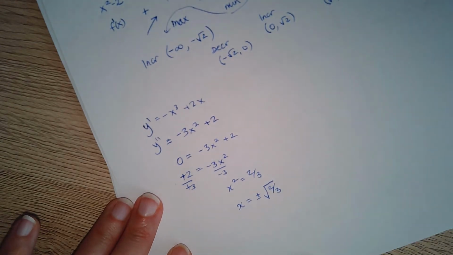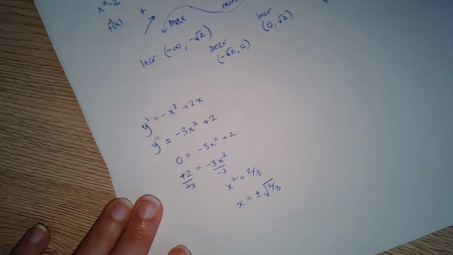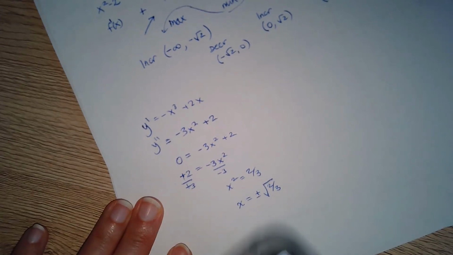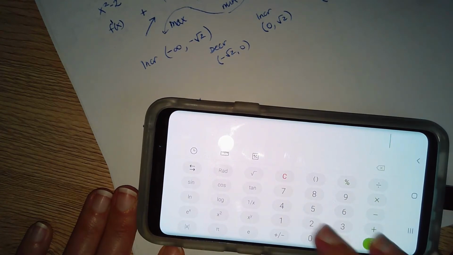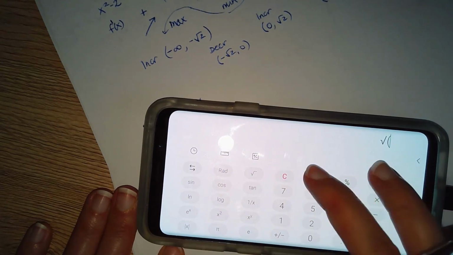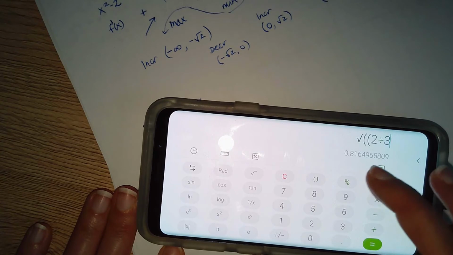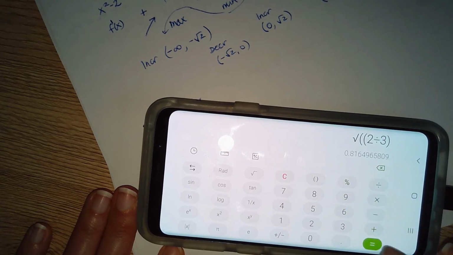Okay, not a pretty number, but it's a number, and maybe we want to have an idea of what that looks like on a calculator. So I'm just going to bring that back out. Let's clear off the previous root. The square root of 2/3 is like 0.82-ish, okay?